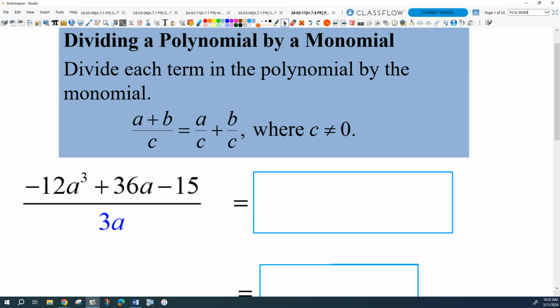We've actually done some polynomial division already when we cancel like factors. If the denominator is a factor of the top, well then yeah, I could cancel those, and that's a great idea. In this case, 3a is not a factor of the top for sure because this doesn't have an a, right? So we won't bother with that. But that is a good idea.